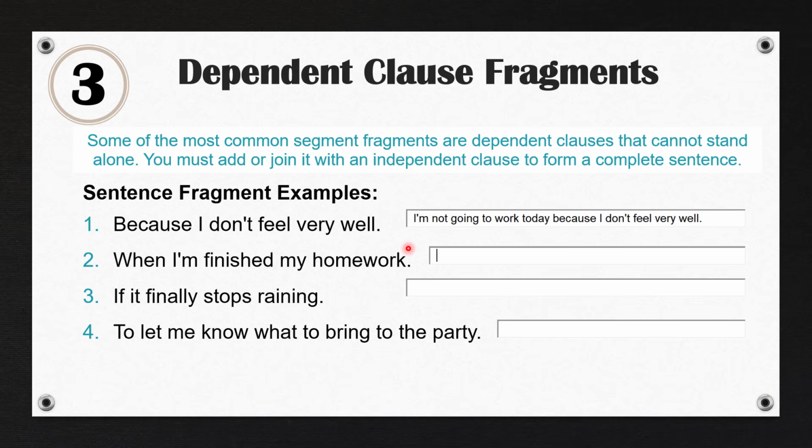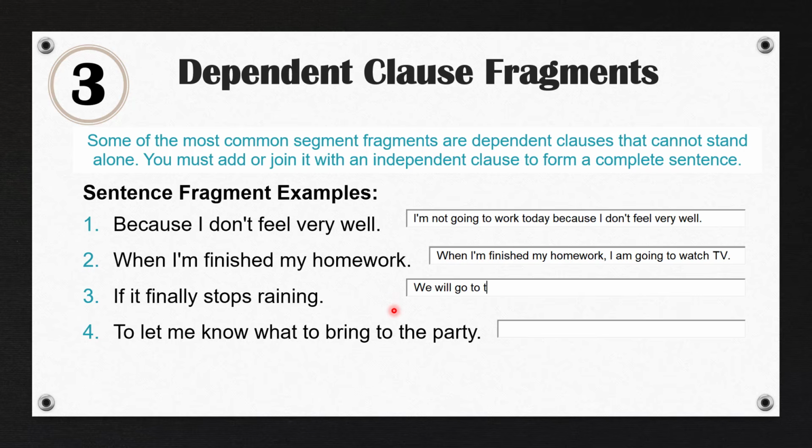Now let's look at number 2. When I'm finished my homework. Again, this is a dependent clause. It doesn't make sense by itself. We have to add it to an independent clause. For example, when I'm finished my homework, I am going to watch TV. Now let's look at number 3. If it finally stopped raining. We need to add an independent clause to this as well, so it becomes a complete sentence.